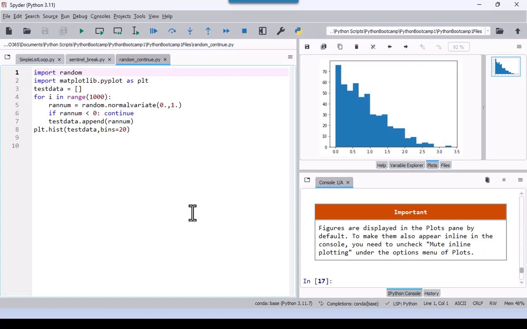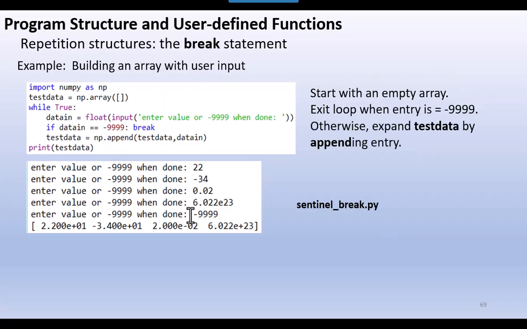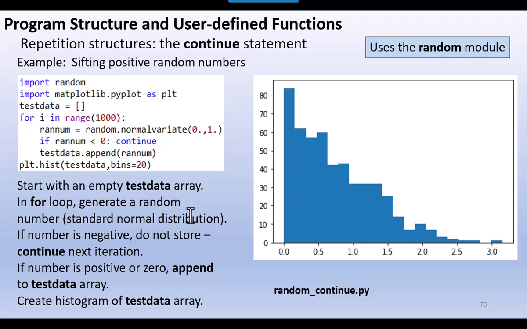So let's go back and look at the slide for that. And there's your code, and there's some explanatory text below. Then you can see the result over to the right. And for the first time in our workshop here, we're making use of the random module, all right, for random numbers.